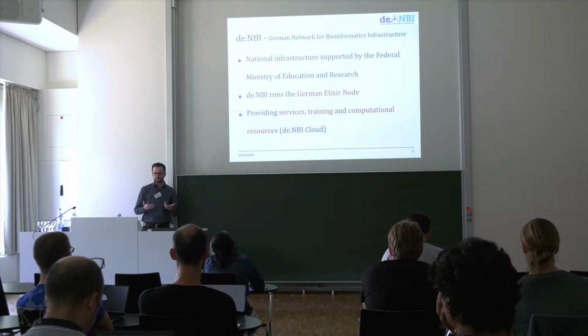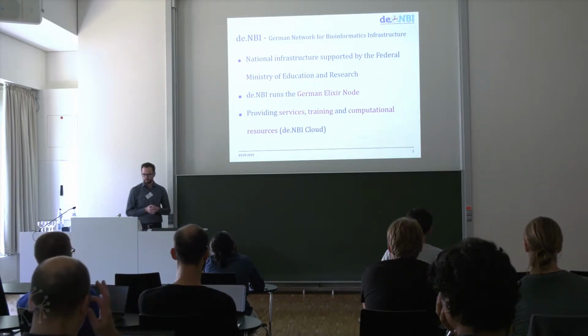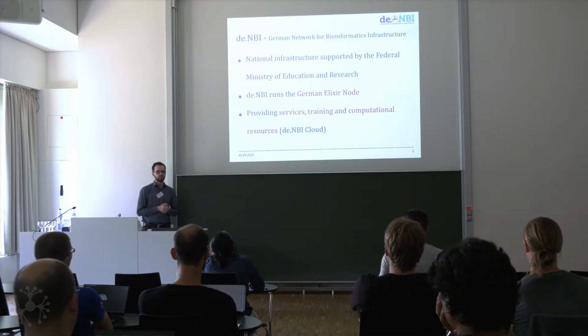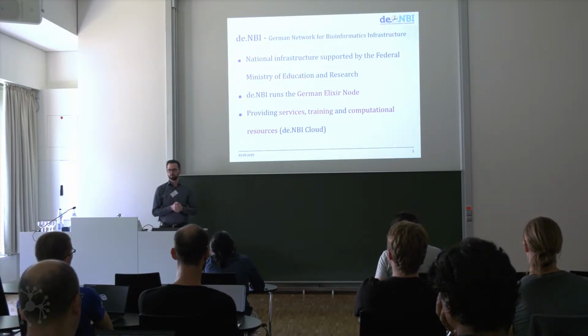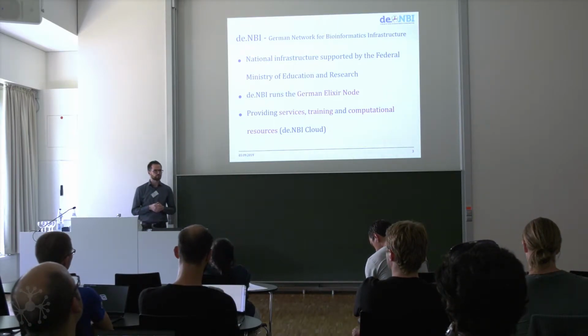And de.NBI consists of three parts. One part is that we offer bioinformatics services for basic and applied life sciences research. We offer free of charge trainings and workshops in Europe. And with the de.NBI Cloud we offer a free of charge computational resource.